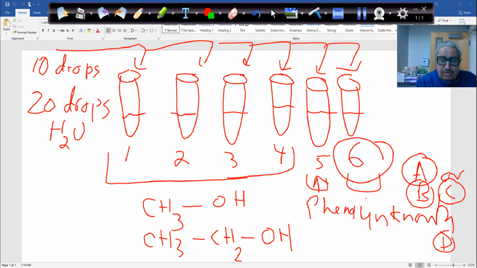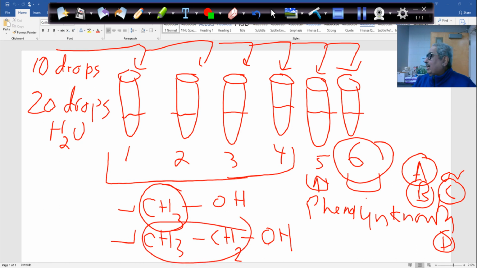Are those primary, secondary, or tertiary alcohols? Somebody will tell me? Methanol and ethanol: primary, secondary, or tertiary? What do you think? Well, look at this. This is one group. This is connected, still one group if you look at the whole thing.